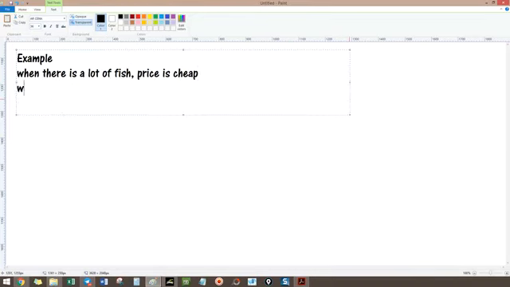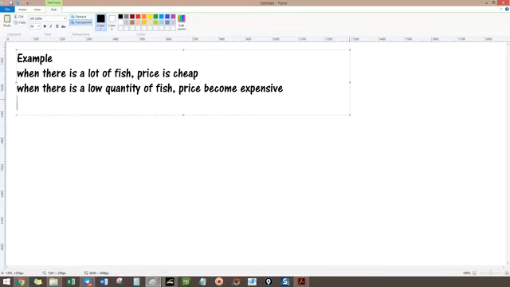When there is a low quantity or a few, low quantity of fish, price become expensive. So this one is the example that I give for this morning session, the session 1.